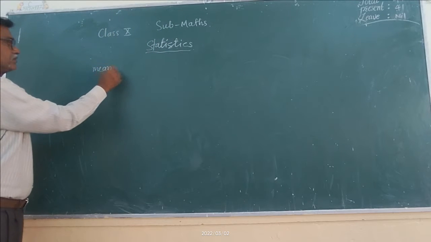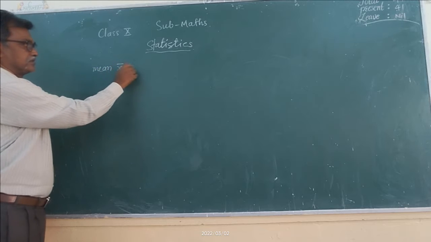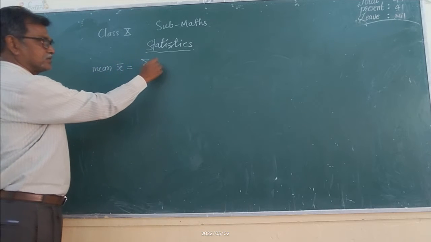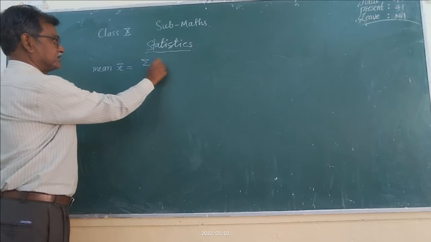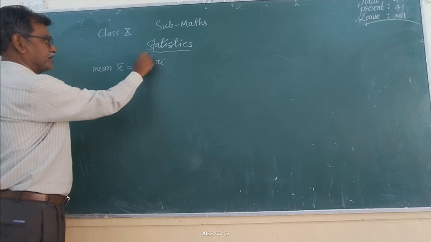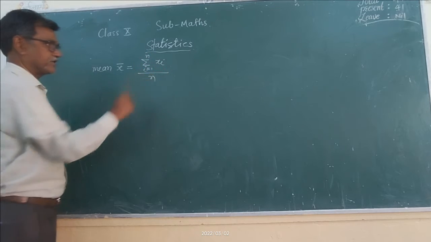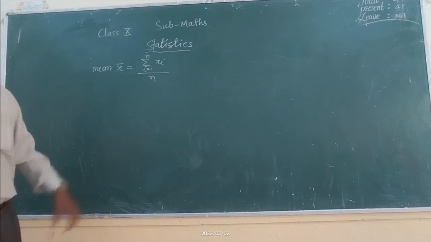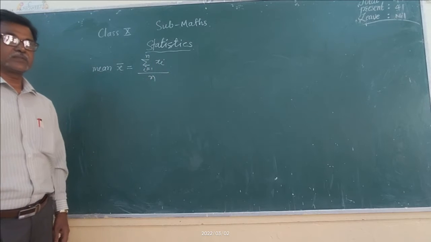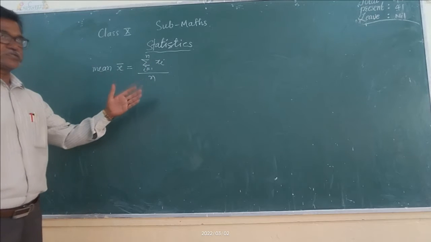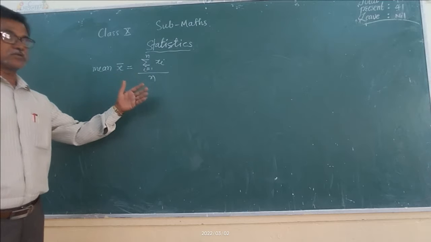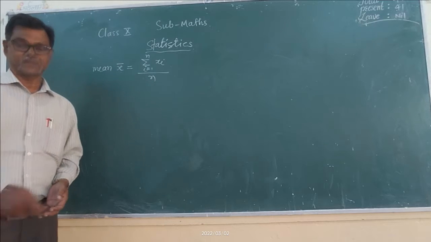Mean x bar is the sum of all observations, that is xi, i equal to 1 to n, upon n, the total number of observations. This is the general formula. Then after this, you have solved some examples in the earlier classes.